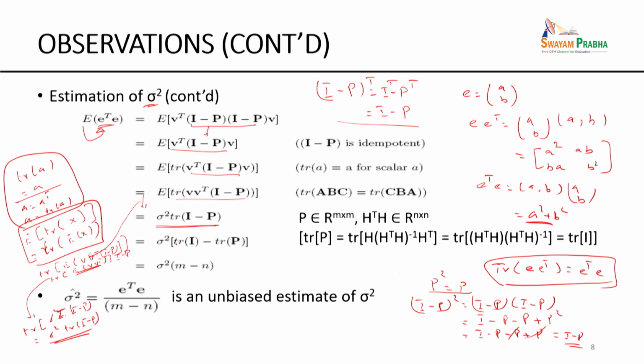So this is equal to sigma square times the trace of A plus B, which is trace of A plus trace of B. So this is the trace of I minus the trace of P.